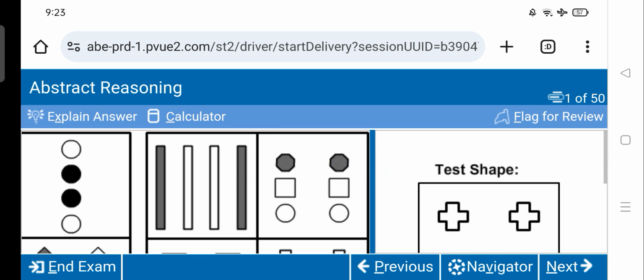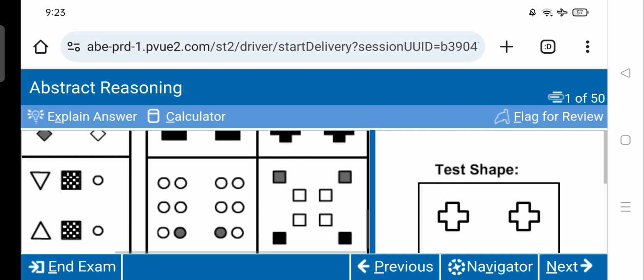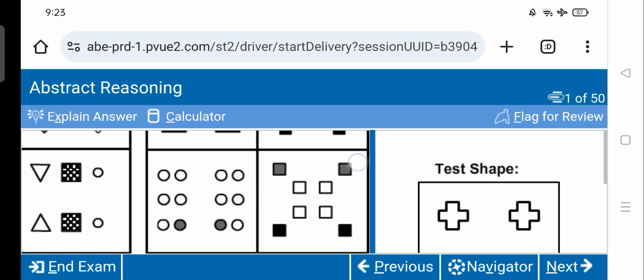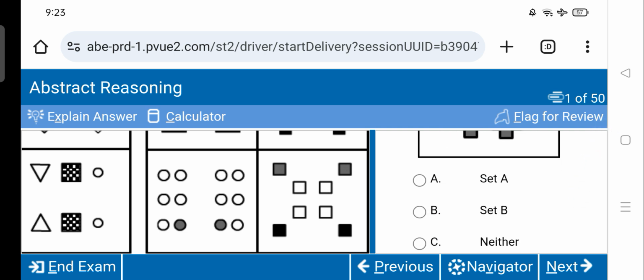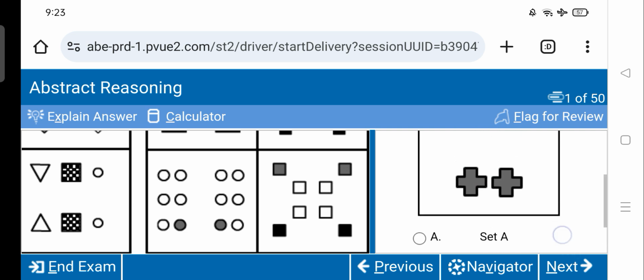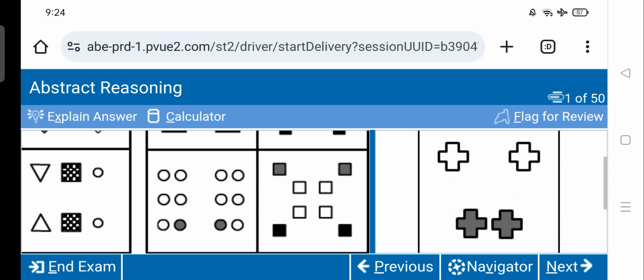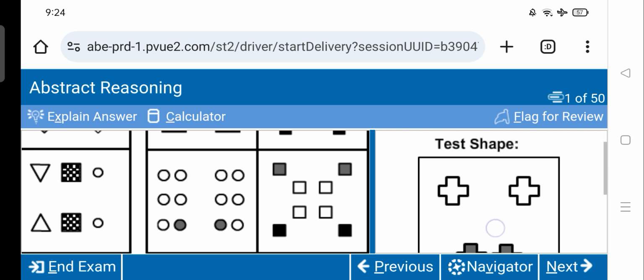You can take a look at this one. Now if we move towards our test shape, this one is the test shape. This is given to you. Now we have option A, set A, option B, set B, option C, neither. So we have to select whether this test shape is related to set A, set B, or neither.